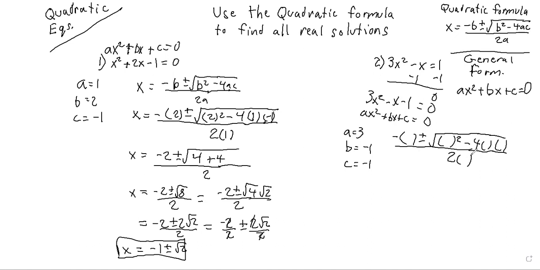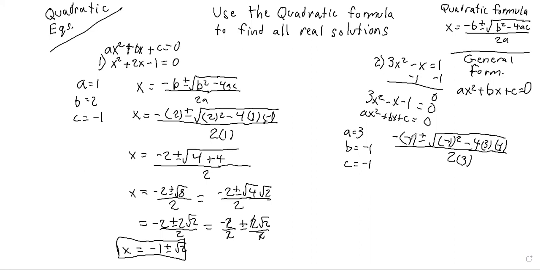These two are b, so we plug in the value of negative 1 and negative 1. These two in the top and bottom are a, so we plug in positive 3 there and 3 there. And this is c, which is a negative 1.